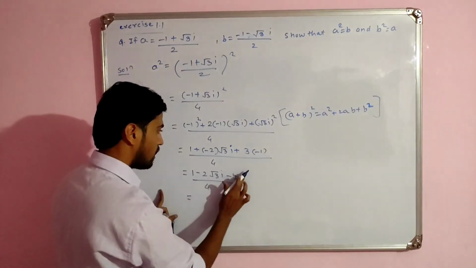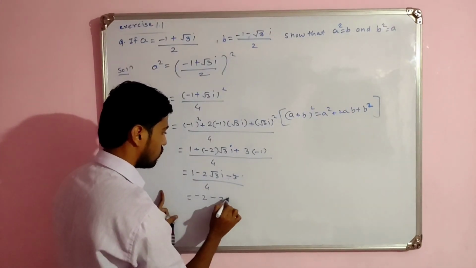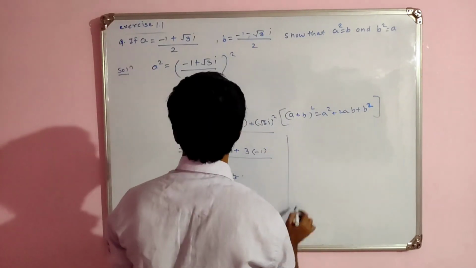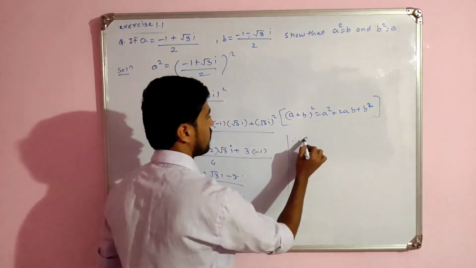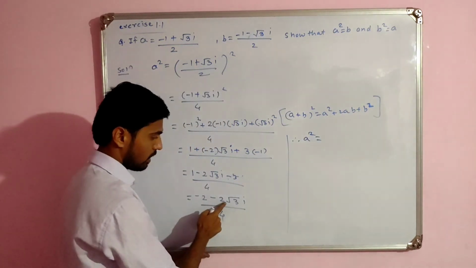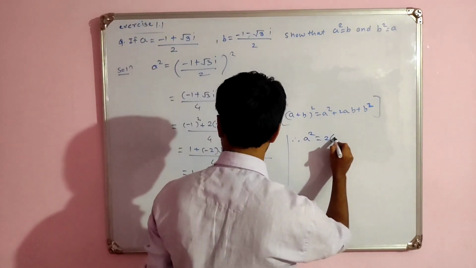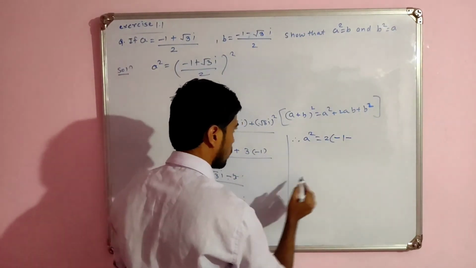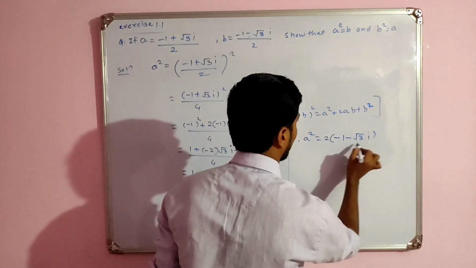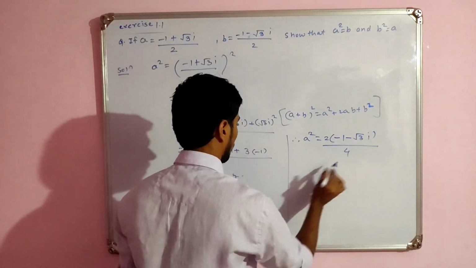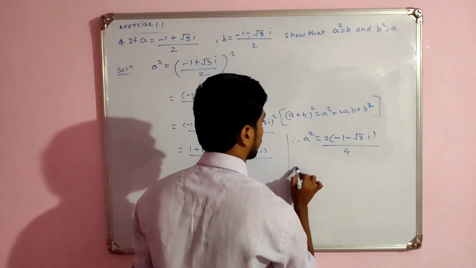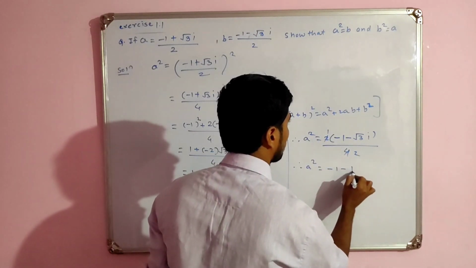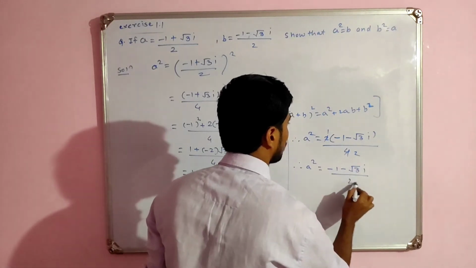So 1 minus 3 which is equal to minus 2, minus 2 root 3i, whole divided by 4. So a square is equal to, here taking 2 common, minus 1 minus root 3i, whole divided by 4, 2 ones are 2, 2 twos are 4, is equal to minus 1 minus root 3i, whole divided by 2.